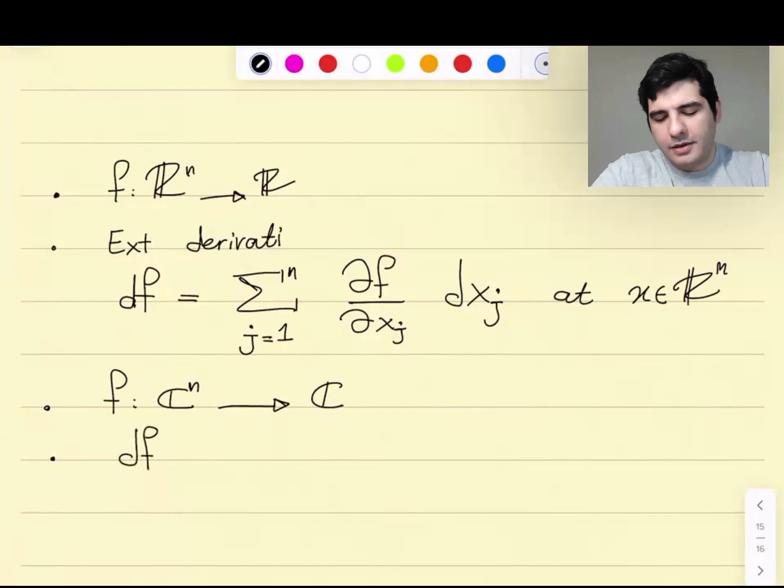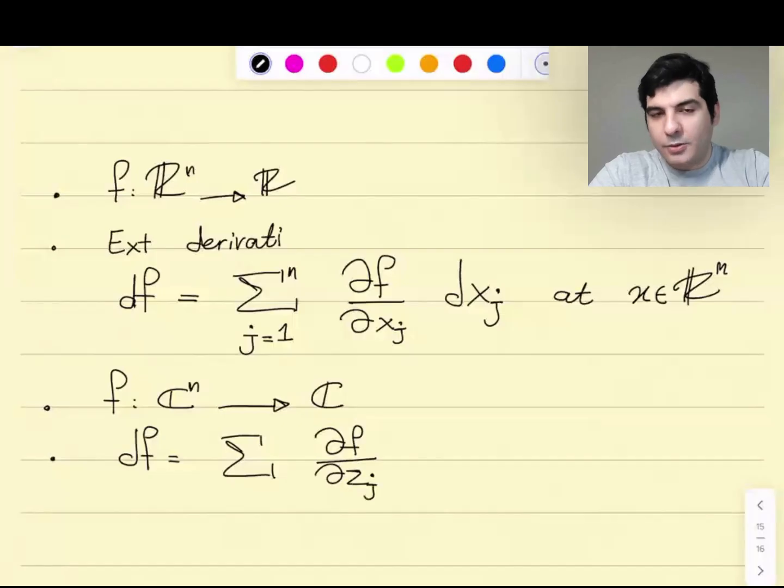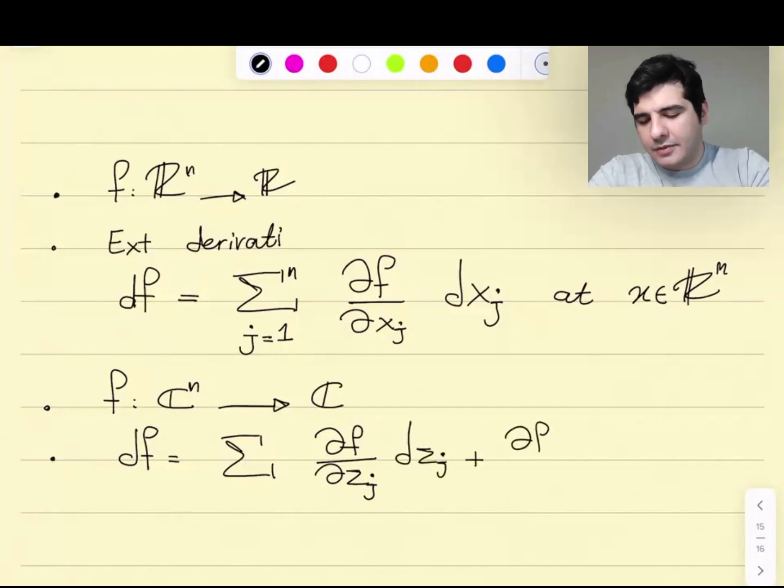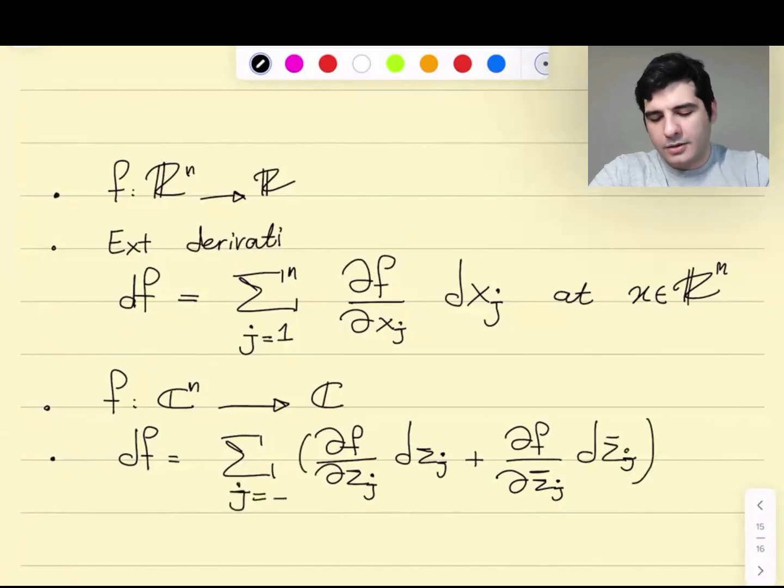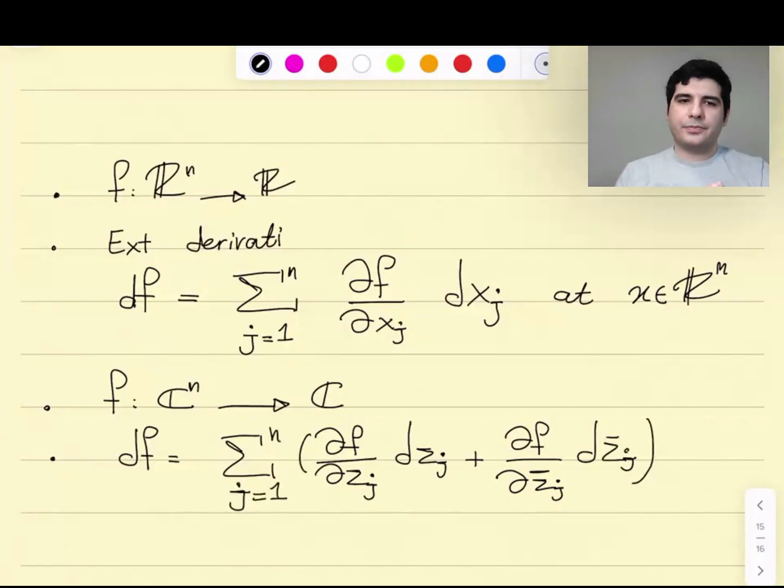We define df to be the sum of the partial derivative of f with respect to each complex coordinate zj, times dzj, plus the derivative of f with respect to zj bar, times dzj bar, where j goes from 1 to n. So that is our definition.